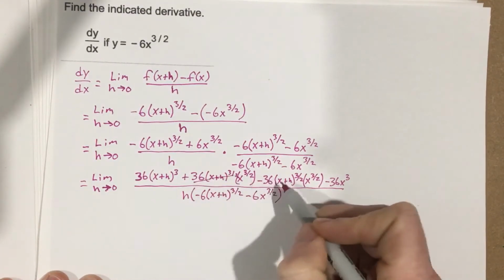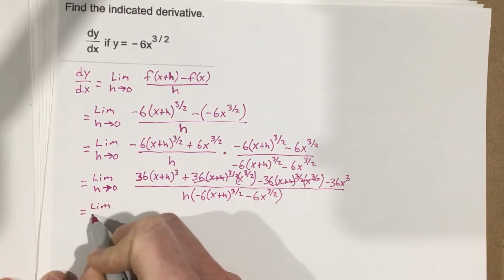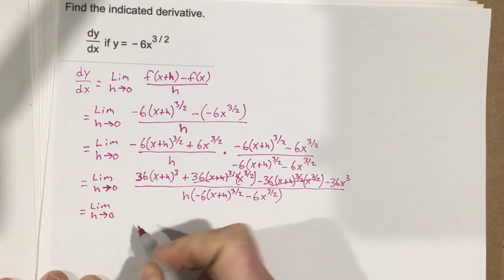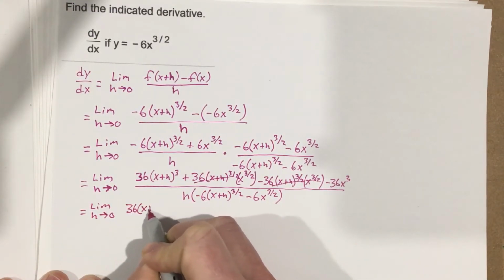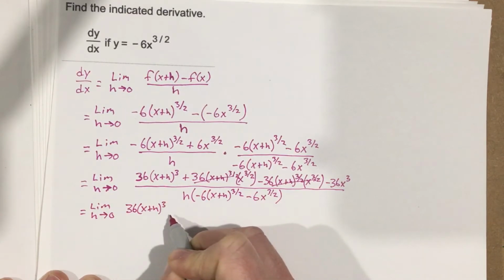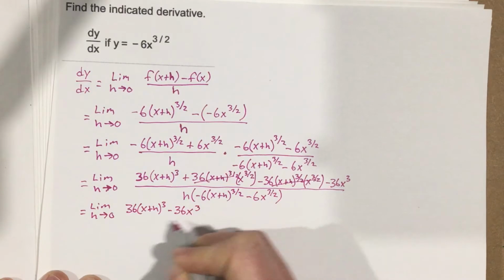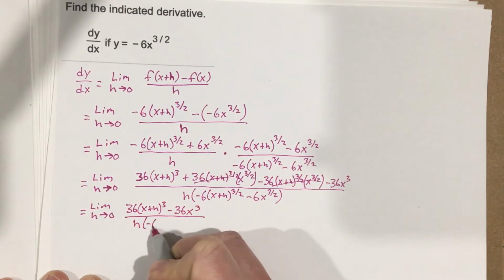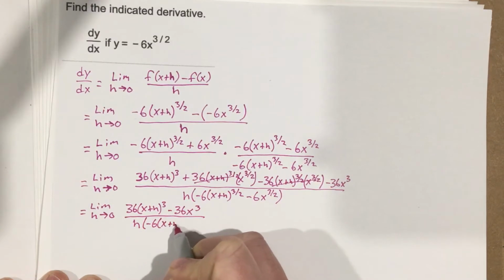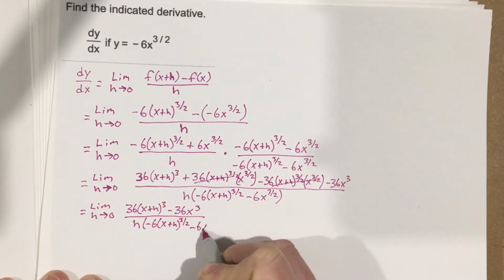So this cancels with this, and we're left with limit as h approaches 0 of 36 x plus h cubed minus 36 x cubed all over h, negative 6 x plus h to the 3 halves minus 6x to the 3 halves.